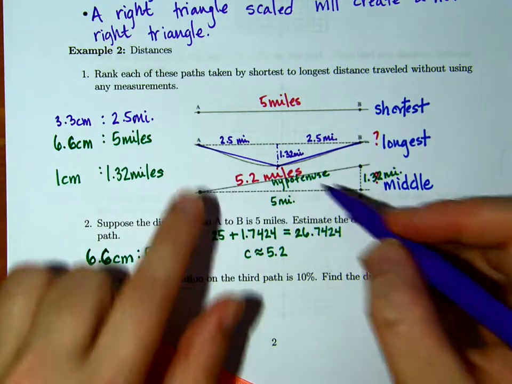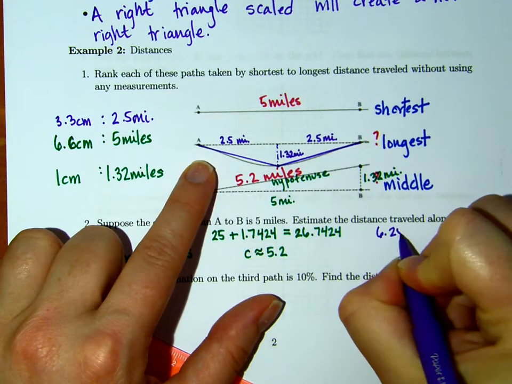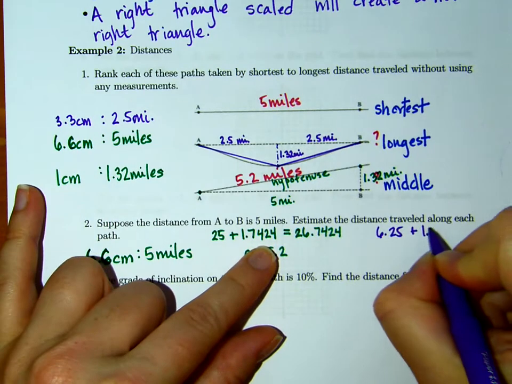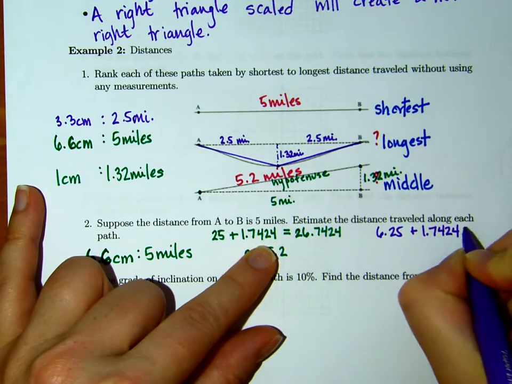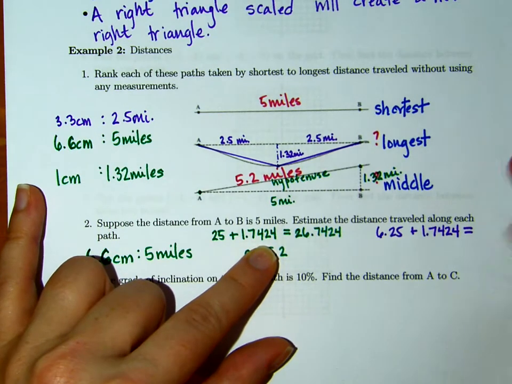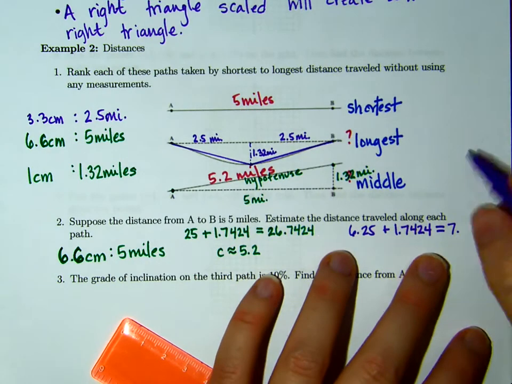Ooh la la. Okay, so 2.5 squared is 6.25. 1.32 squared was 1.7424. If I add those, I get 7.9924.